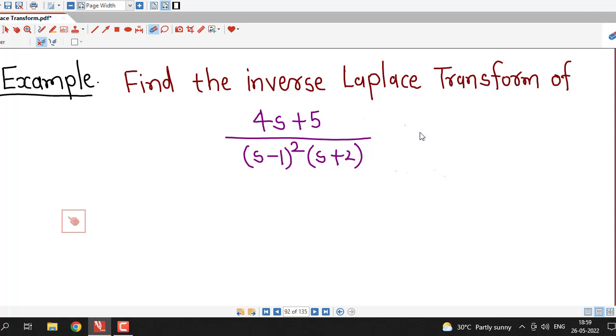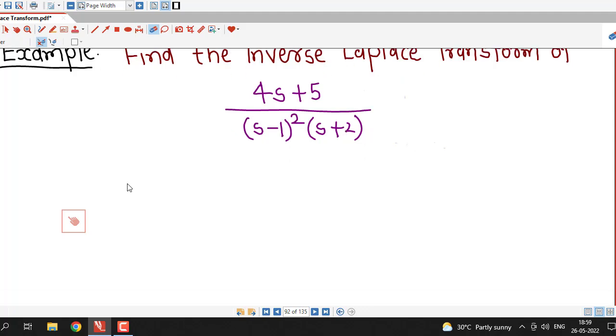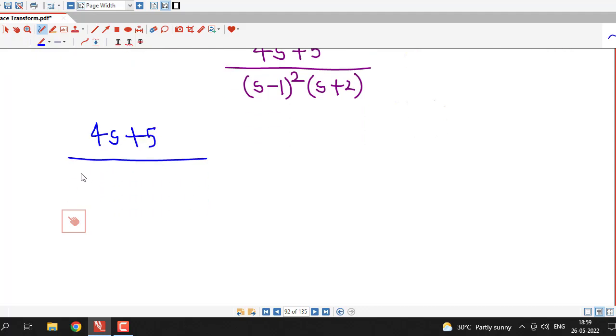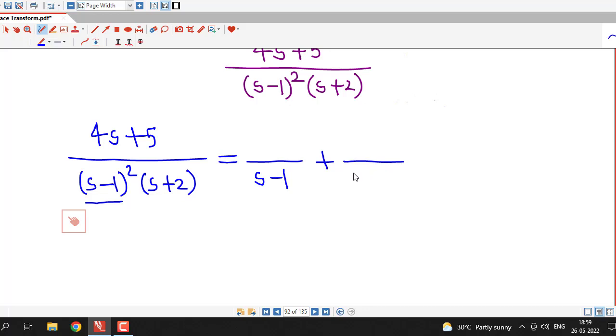To find its inverse Laplace transform, first we will write this function as a sum of partial fractions. So first we write (4s plus 5) divided by (s minus 1) squared times (s plus 2), and here the linear factor s minus 1 is repeated 2 times, and we know that whenever we have a repeated linear factor we write two partial fractions corresponding to the first power of s minus 1 and the second power of s minus 1.